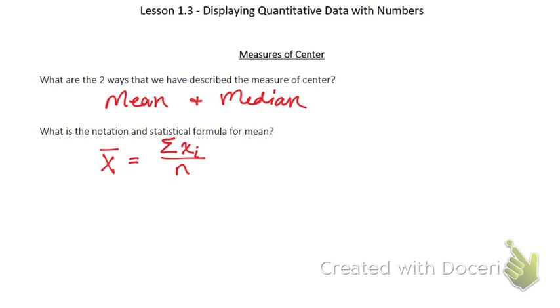It's just like a subscript for labeling. All right, so we're going to add up all the X's and then do what? Divide by the number of numbers, which is n, your sample size. So we're going to add up all the X values and divide by the number of numbers. It's a fancy way to show exactly what you've been doing since elementary school. Any questions? Perfect. But what's most important here? X bar. X bar is the notation for mean.